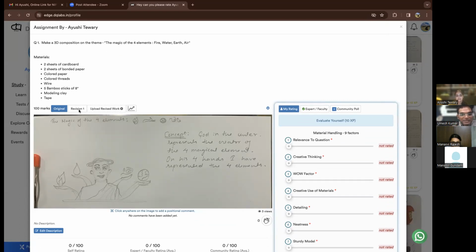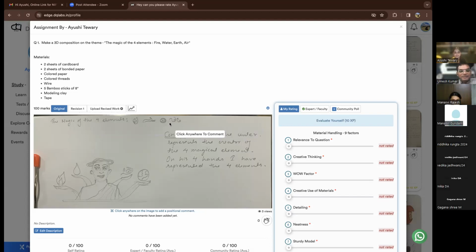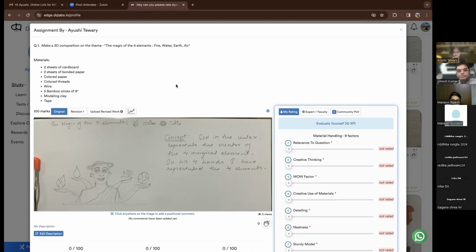Okay, I can't see. It's too small. Could you please read, sir? So this is not a proper write-up. I have just written what I plan to make. The question was, I have to represent the four elements: fire, water, earth, in a 3D composition. I wanted to make it 3D, but it did not turn out 3D.